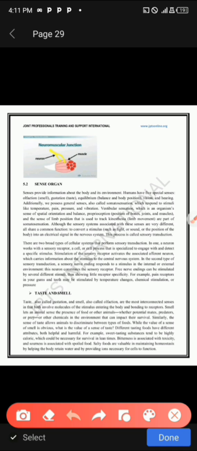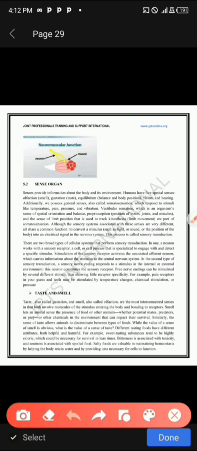Additionally, we possess general senses, also called somatic sensation, which respond to stimuli. When you hear stimuli, what comes into your mind? Feelings in form of stimulus response, like temperature, pain, pressure, and vibration.